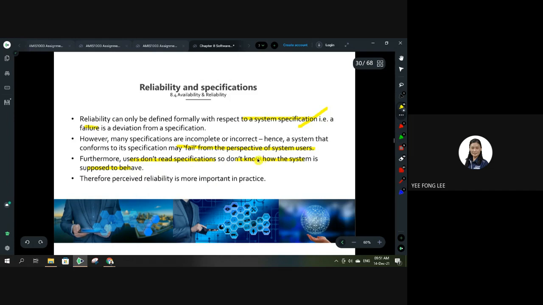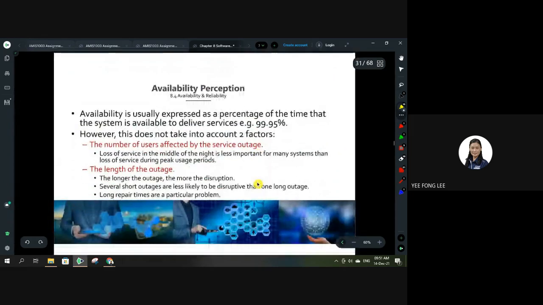From their point of view, they just have one thinking, their perception of the software, that's it. They will not read other things which are specified clearly in the documentation. Therefore, reliability is more important in practice. How about availability perception here?